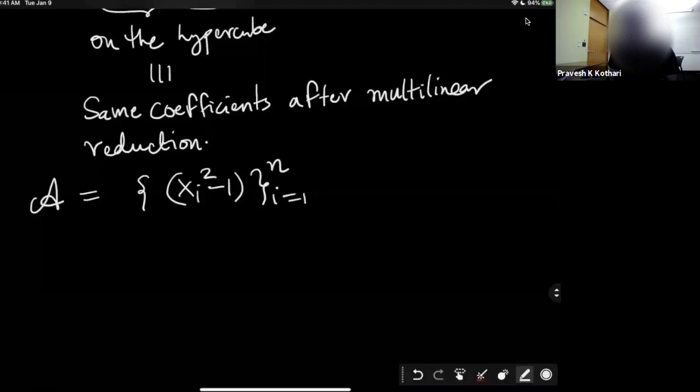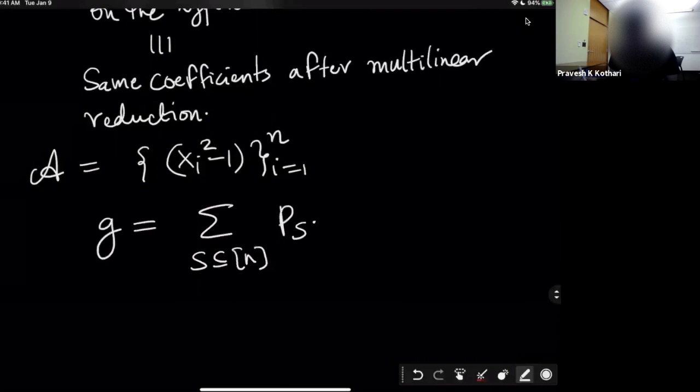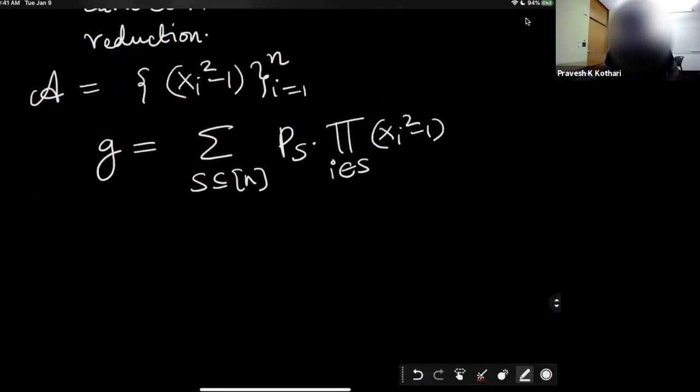And so what kind of SOS proofs would that imply, by the definition that we just made? Well, that would mean that G should be representable as a sum over S of P sub S times a product over i in S. So far so good.